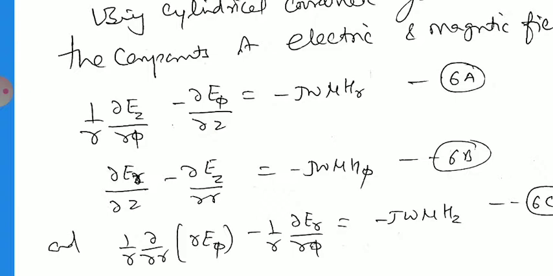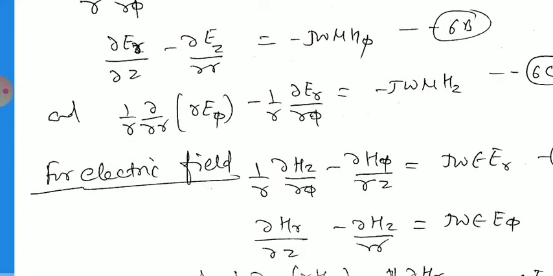Similarly for H phi, del Er by del z minus del Ez by del r equal to minus j omega mu H phi. And the last for the Hz component, 1 by r del by del r of r E phi minus 1 by r del Er by del phi equal to minus j omega mu Hz.